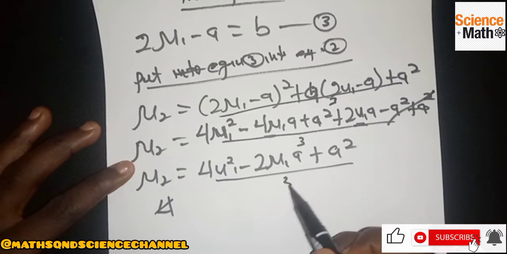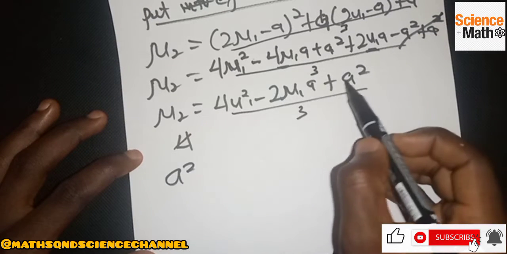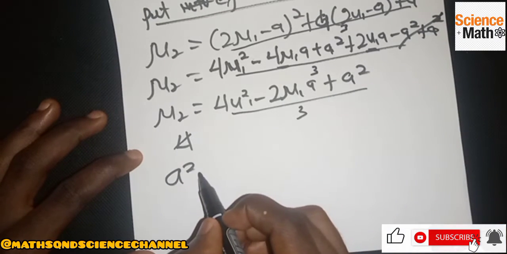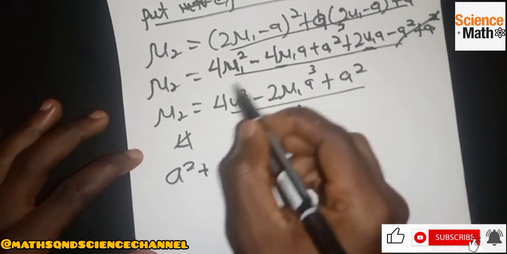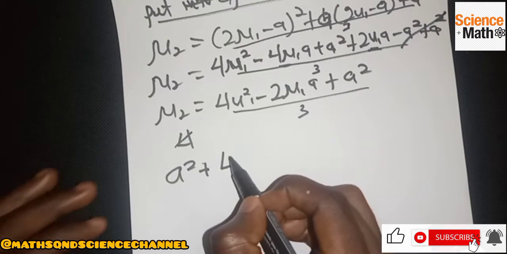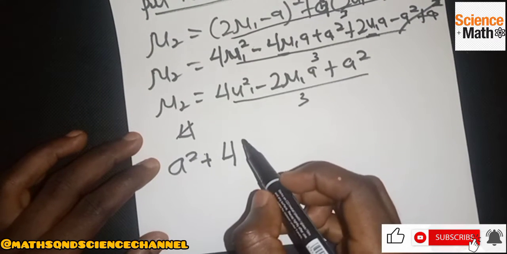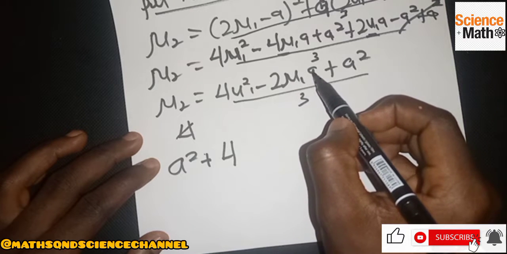So all of this thing divided by 3, so it's just going to look like a squared here, which we have here, and then let's keep everything on one side. So we have the next one to be 4, so we have another a here.